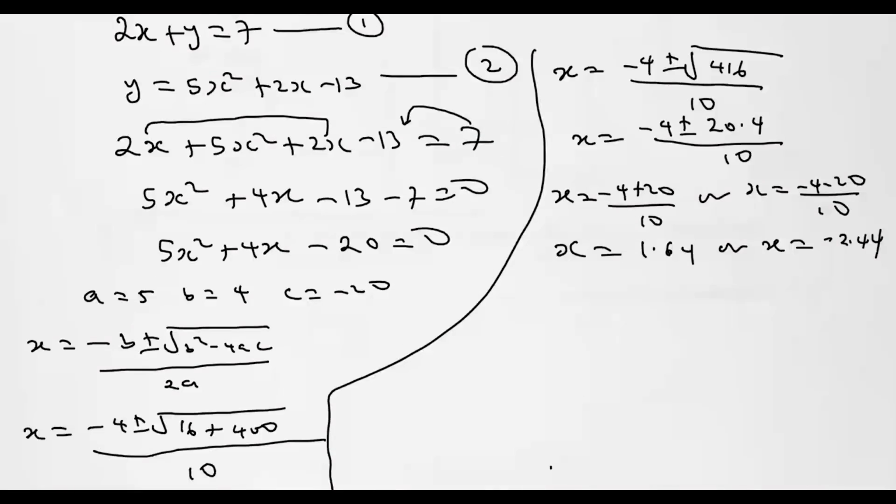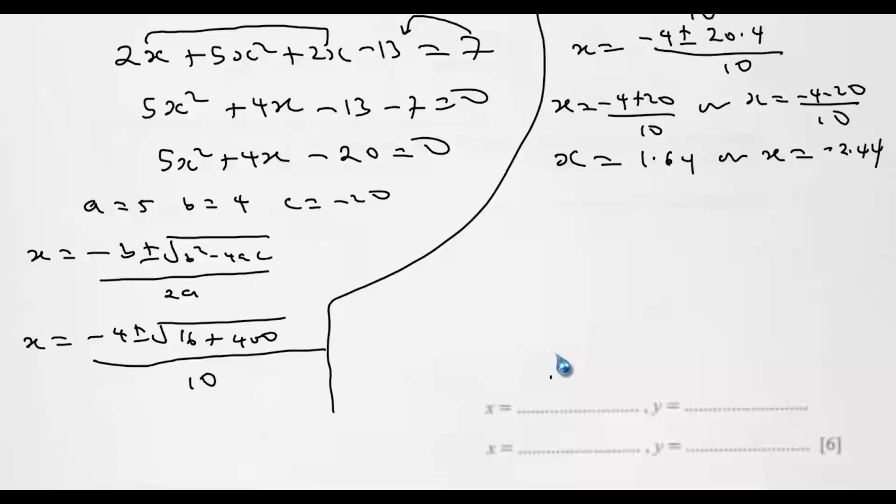So that means I can scroll down here. So the value of x, that means x equals 1.64 and x equals minus 2.44. So next is to find the corresponding value of y.